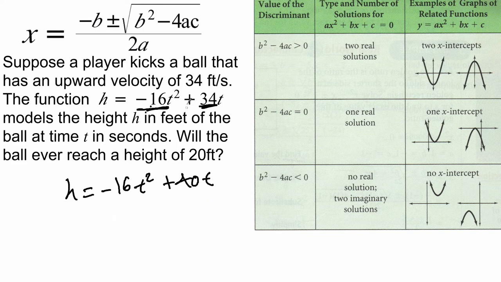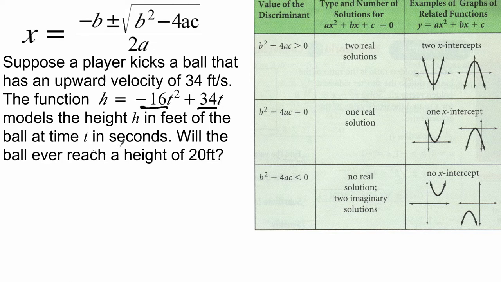Now if you were standing on a cliff and you threw a rock down, at let's say 10 miles per hour, well now it's going with gravity, so the equation would be negative 16t squared minus 10t, because that's your speed, and it's going with gravity. But if you're throwing a ball up in the air, gravity's working against the ball, which is why it has a different sign here than here.